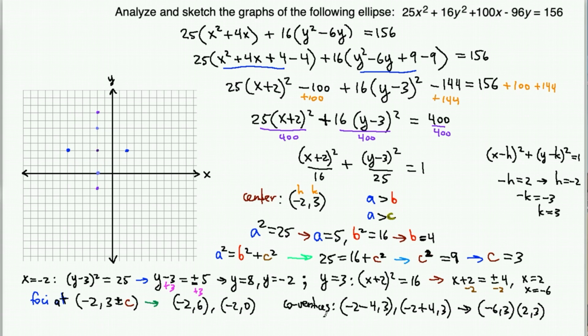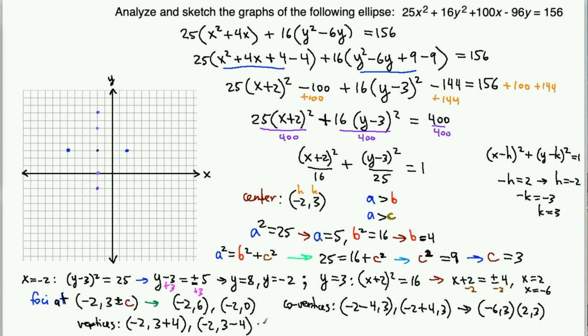And finally, let's find the vertices algebraically. So the vertices are on the major axis. So we have to take the center X value, that doesn't change, but the Y value will, right? So 3, the center, plus the A value, and then subtracting the A value from the center Y value, 3 minus 4, right?